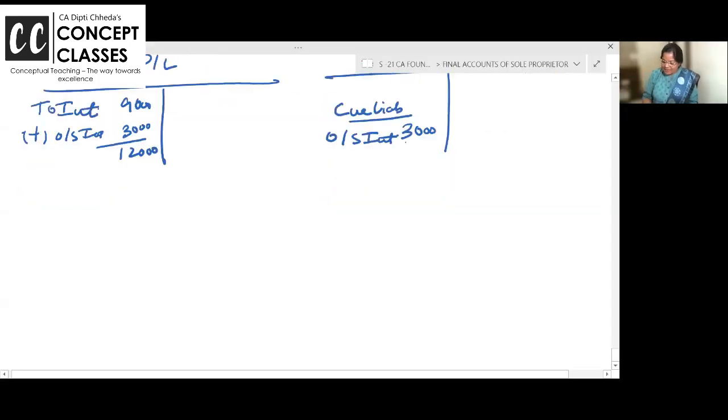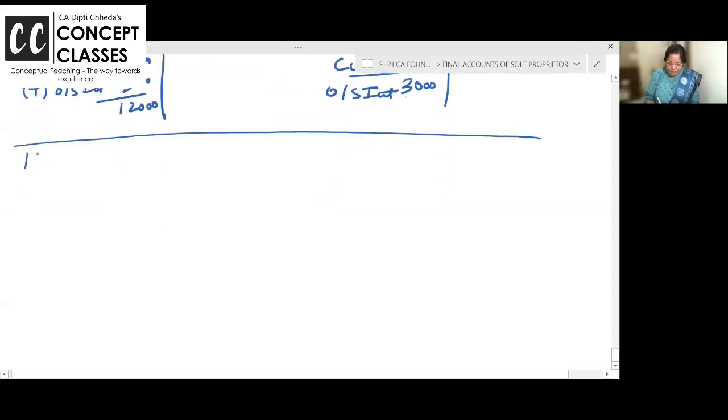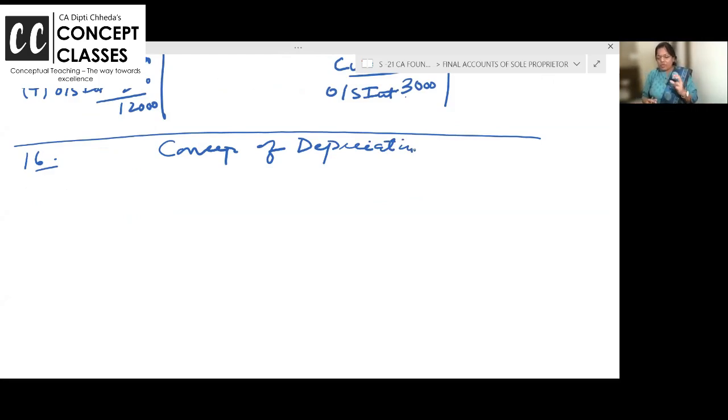Last adjustment for today. Tomorrow we will do bad debts. Yes. Concept of depreciation. I hope with me you all are doing revision because we have already seen journal entries, calculation, quite advanced level of problem with 2-3 machines we have done. This is the very simple. And both the assets are purchased on 1st January.